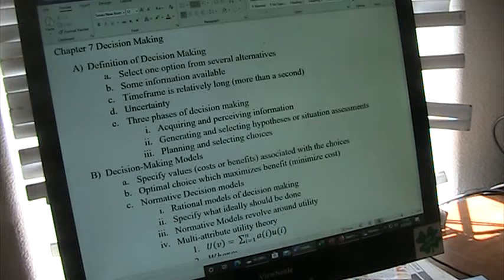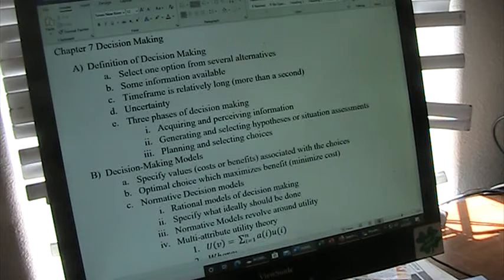That decision is going to be made in a framework where there is some uncertainty about what is the best course to pursue, right? So if any one of these is missing, if there's only one alternative, if there's no information available, if the time frame is super short, or if there's no uncertainty, then decision making becomes moot.